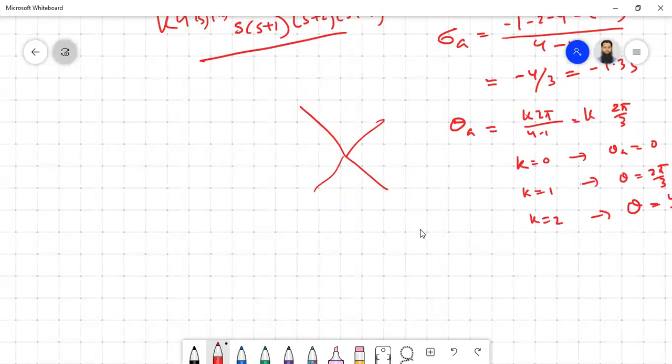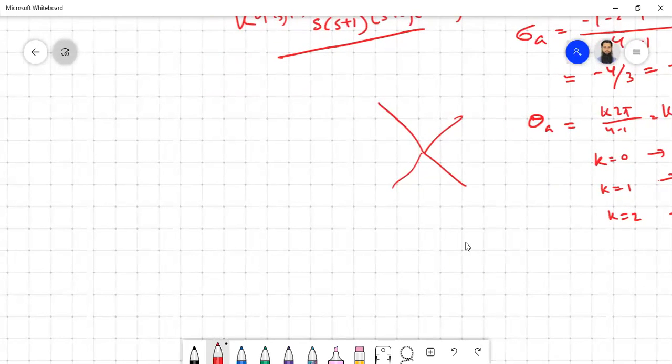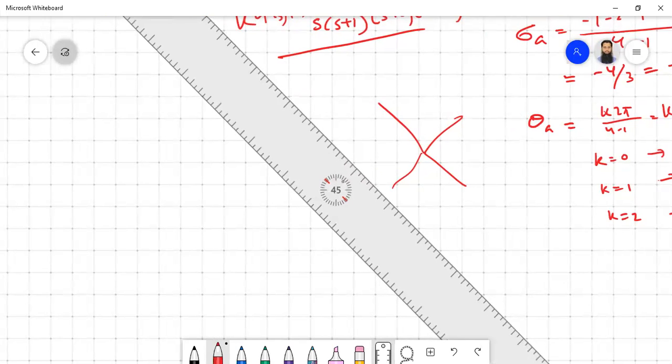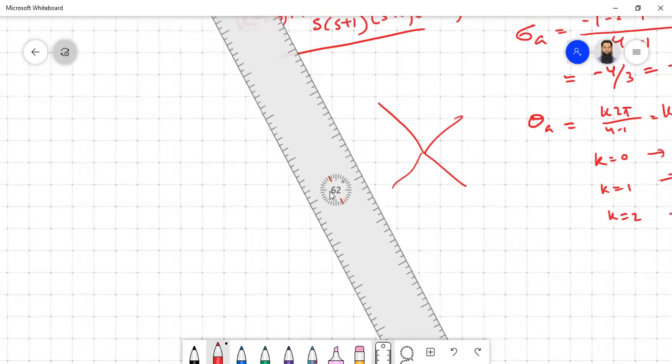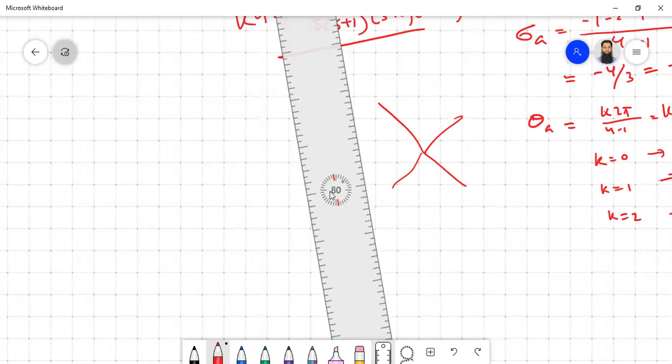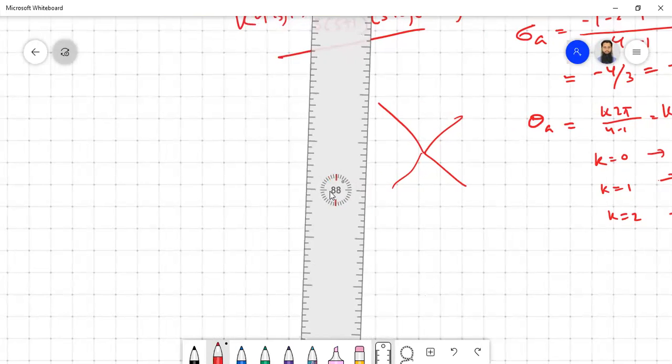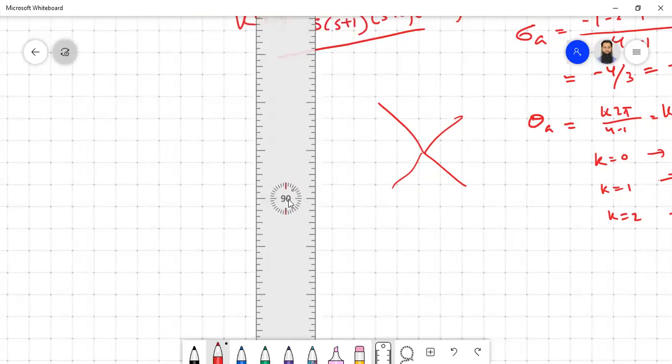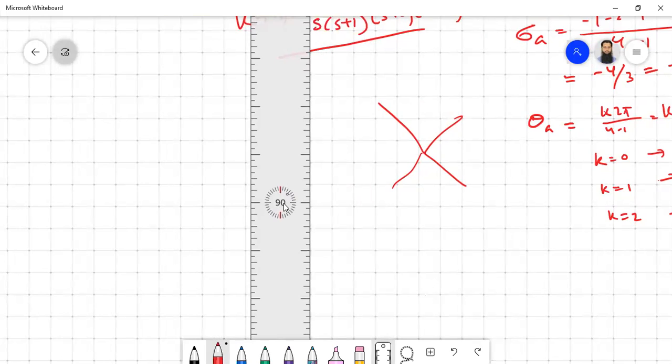Okay, so now try to plot this one. Let me use the ruler.